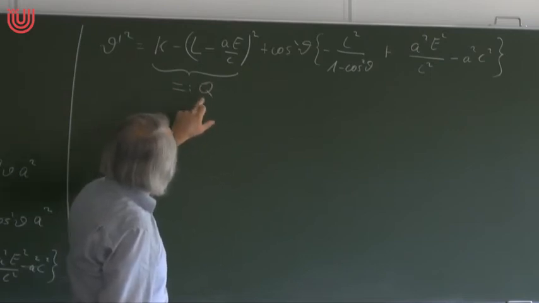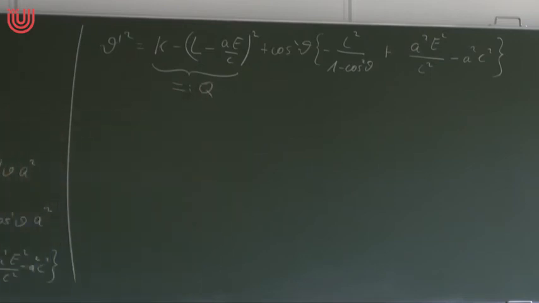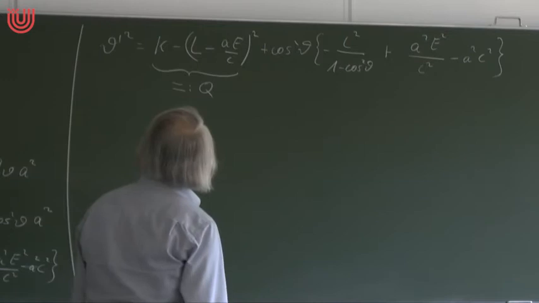And if they do this, then they also call this Q the Carter constant. So the name Carter constant is used for K and also for Q.